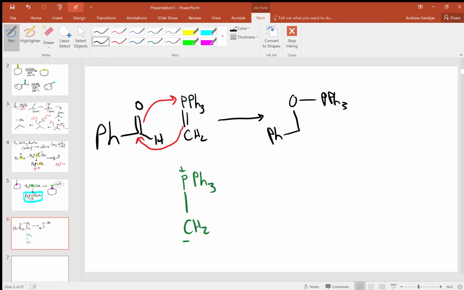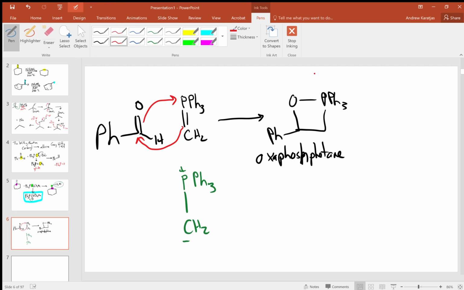Again, the older mechanism for this reaction would still have gotten you to this intermediate, which is known as an oxaphosphetane, but it did it over two steps. So nucleophilic attack to the carbonyl, and then in a second step, the negatively charged oxygen would attack the phosphorus.